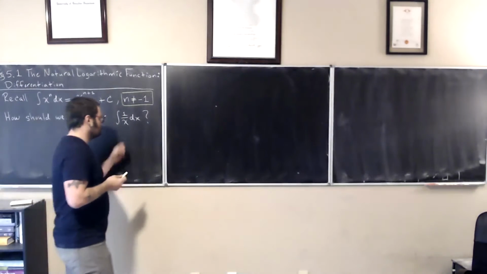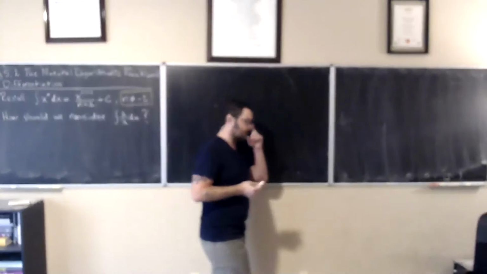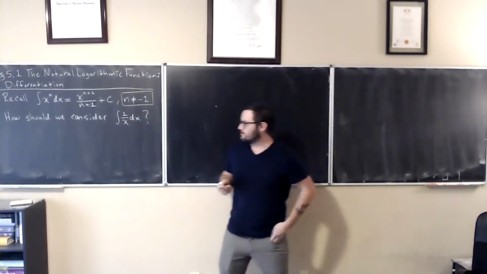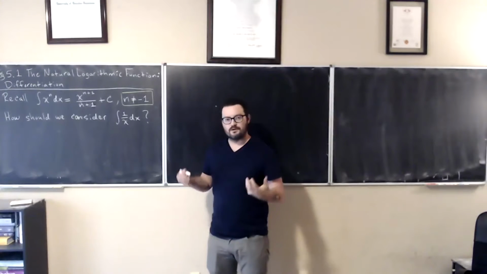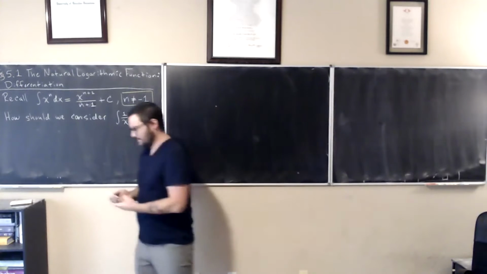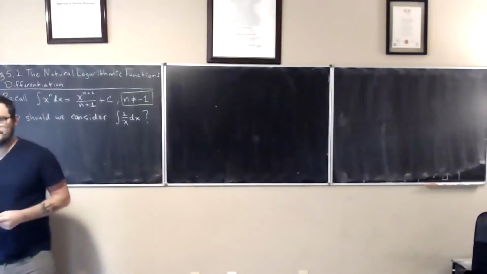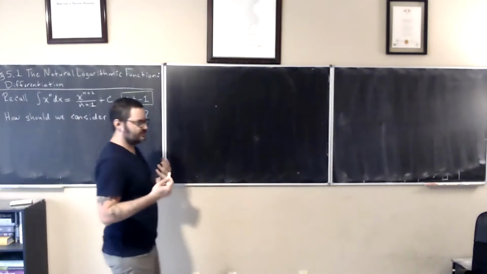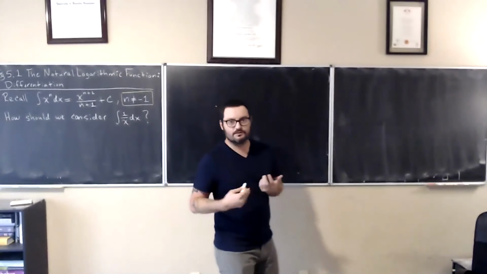Well, we're searching for the antiderivative, right? So we have some function that we're seeking whose derivative is equal to 1 over x, which means that we can sort of get a picture of what this antiderivative looks like, right?